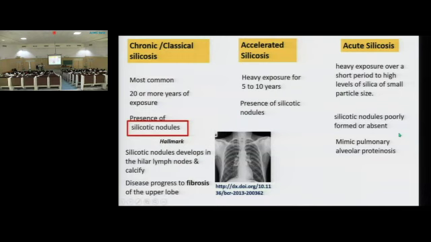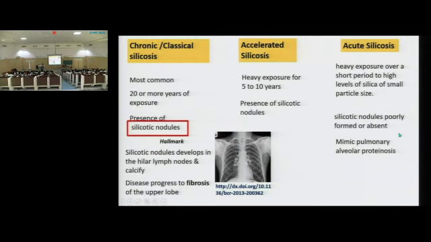In chronic classical silicosis, the spectrum varies: a patient may have silicotic nodules over a long duration, while a few patients will have accelerated silicosis or acute silicosis. Chronic silicosis is the most common form. It develops in patients who are exposed to silica for more than 20 years, and they will have classic silicotic nodules, right?